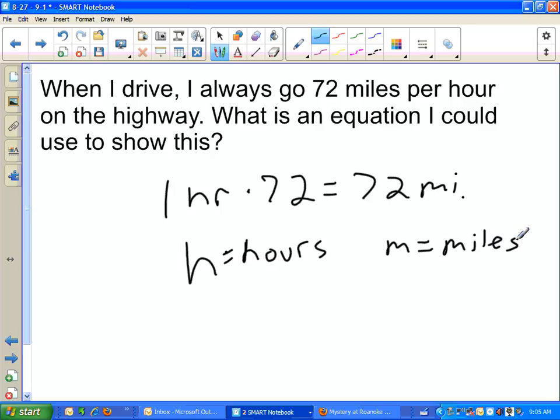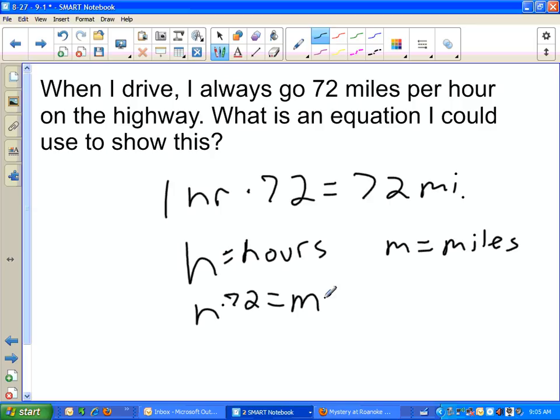Well, I know that for every hour I drive, I'm going to travel 72 miles. So hours times 72 equals miles. It should work every single time, no matter if it's 5 hours or 12 hours or 36 hours.